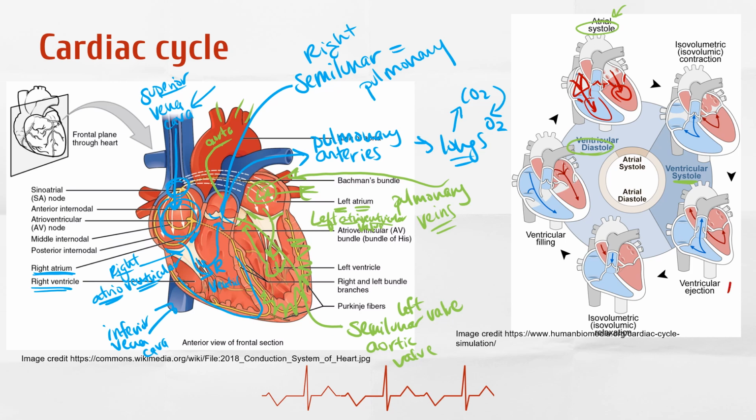When the ventricles start to contract, that ventricular systole, the blood pushing against these valves actually causes them to close, and then the semilunar valves open instead. So we're going to close off those atrioventricular valves. We're going to push open those semilunar valves so that the blood can flow through the pulmonary arteries and through the aorta. Kind of cool.